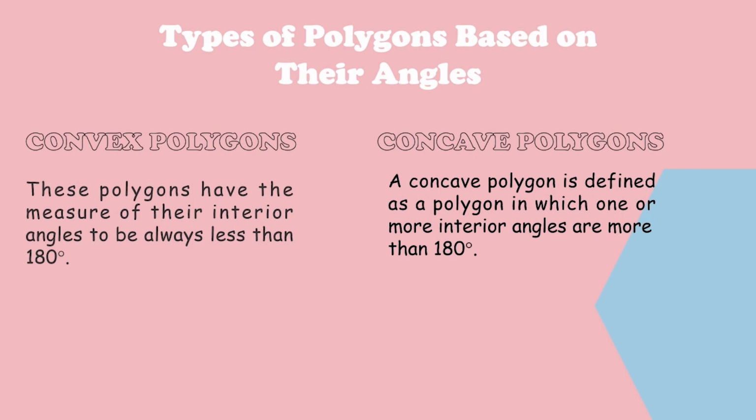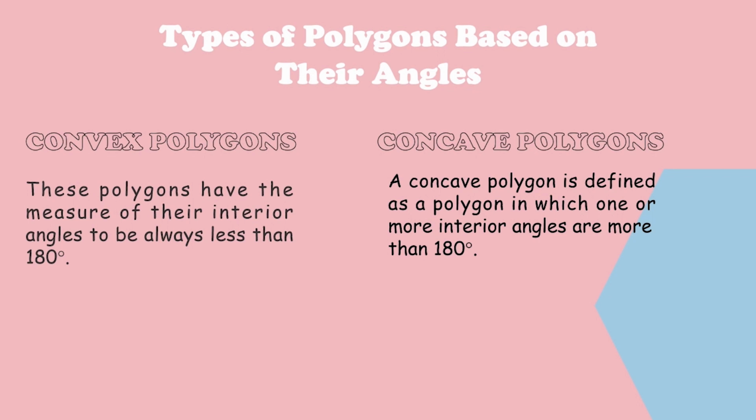However, concave polygons are the opposite of convex polygons, defined as polygons in which one or more interior angles are more than 180 degrees. So if an interior angle of a polygon is more than 180 degrees, we can call that a concave polygon.